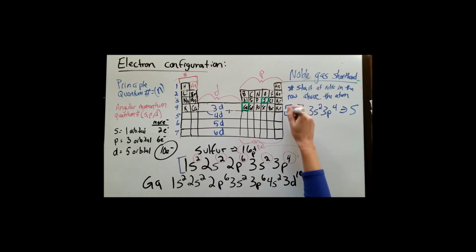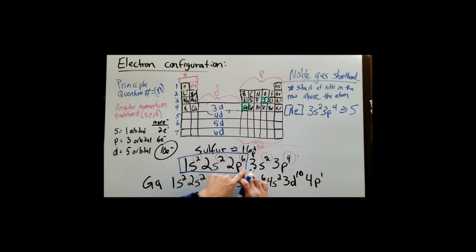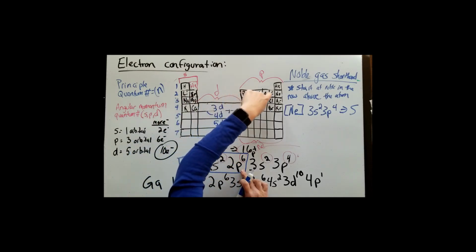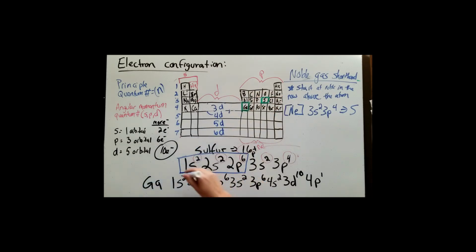Now notice when I wrote Ne, neon, that took care of this whole section: 1s2, 2s2, 2p6, because period 2, the P block, and the 6th one in described neon. So I didn't have to write that. Instead, I just wrote Ne, and then wrote the rest of it after that.